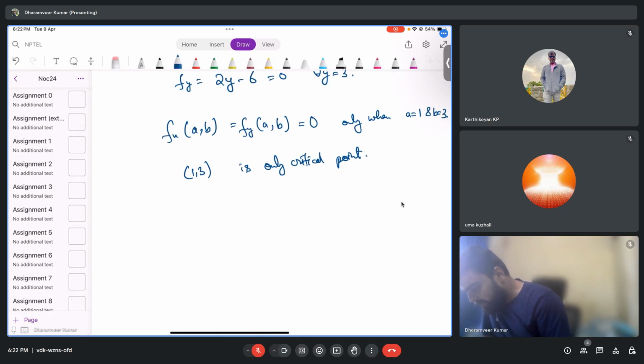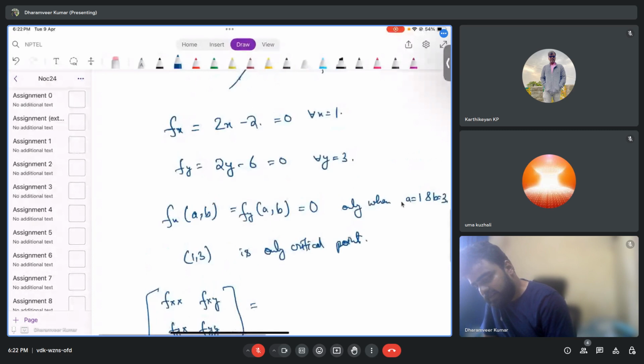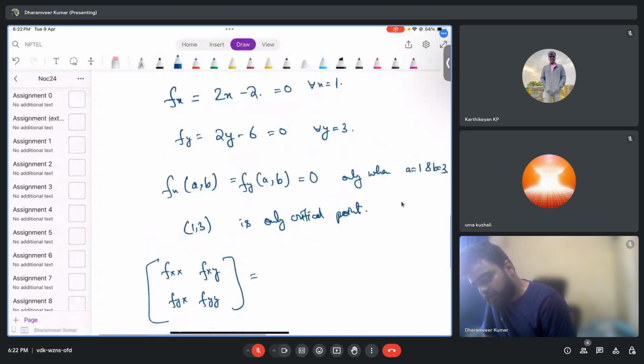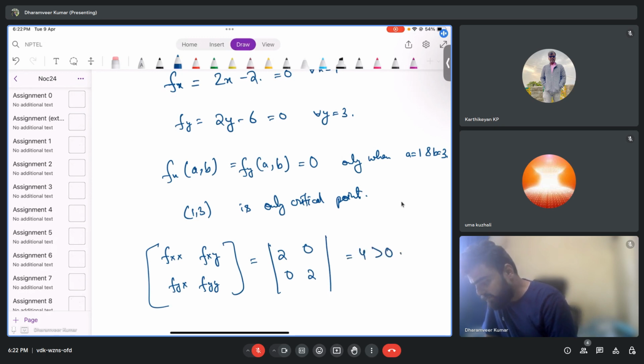Okay, so what you do is fxy, this is fx. Okay, so if you do, you get the matrix 2 comma 2, 0, 0. Okay, and you take the determinant of that. What is that? 4, which is greater than 0.